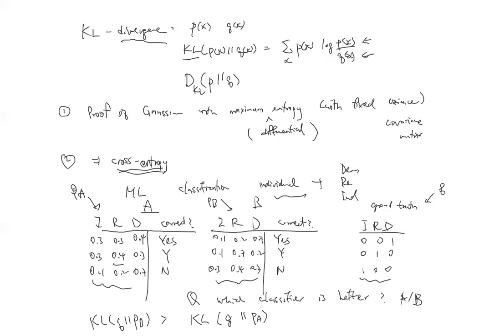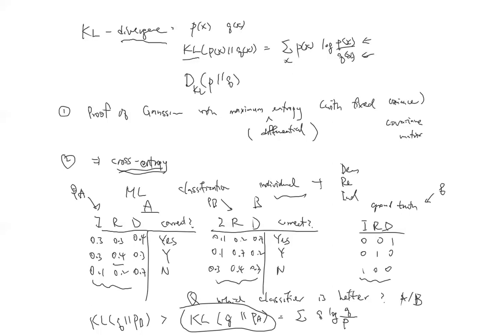And if you look at the KL divergence, what is it precisely? Let's just look at this one here. This is equal to the summation of Q log Q over P, right? Let me skip the A there.